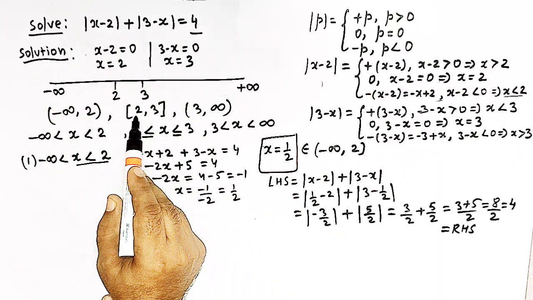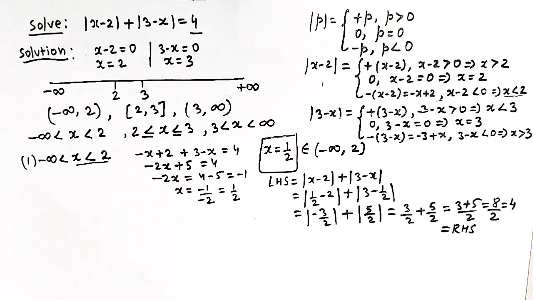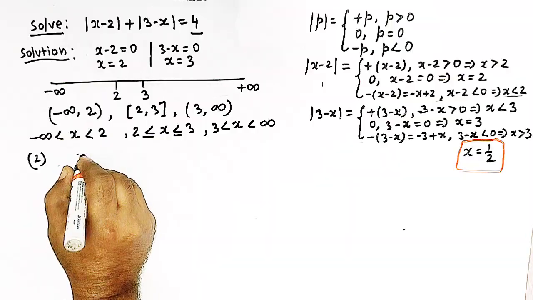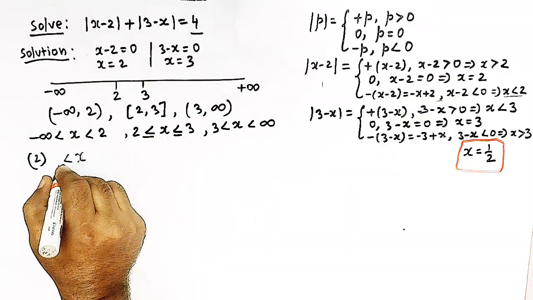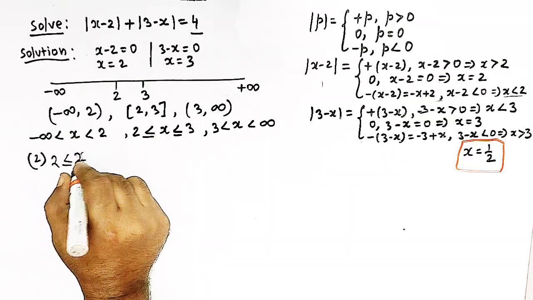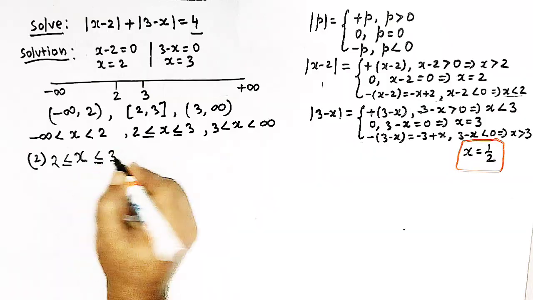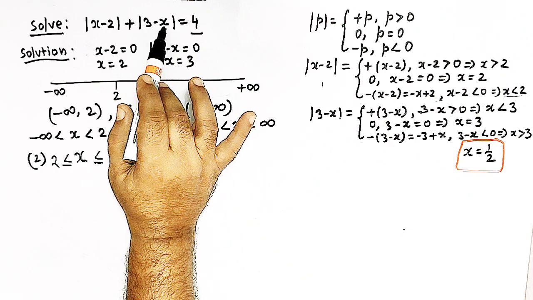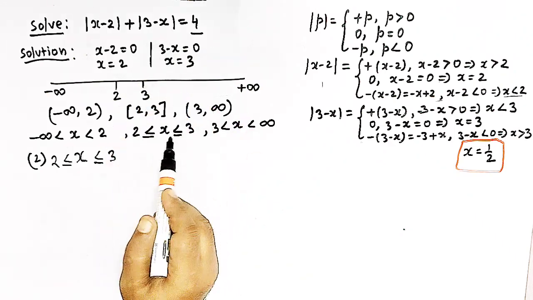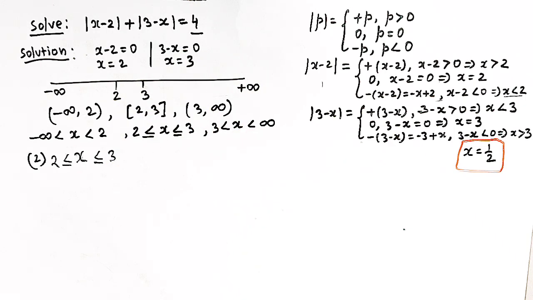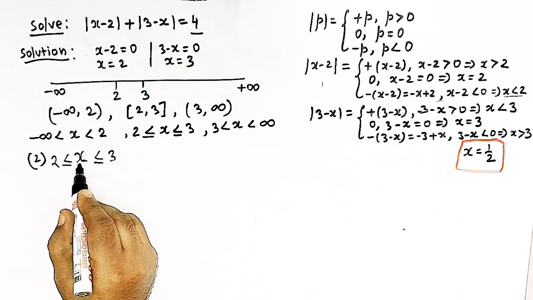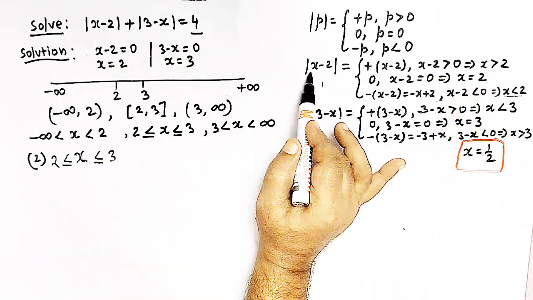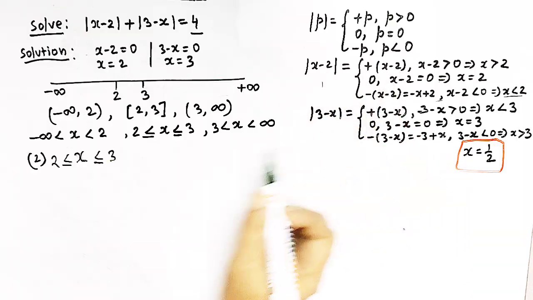Now let us consider the second interval. So now consider this interval x greater than or equal to 2 but less than or equal to 3, and let us define mod of x minus 2 and mod of 3 minus x in this interval, right? So here we have x greater than 2. So when x is greater than 2, then mod of x minus 2 is positive x minus 2.